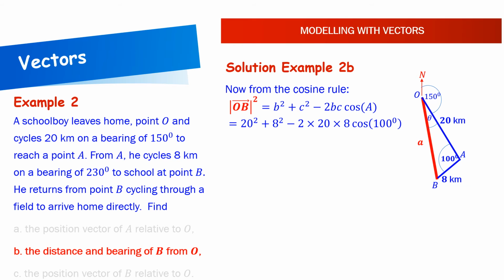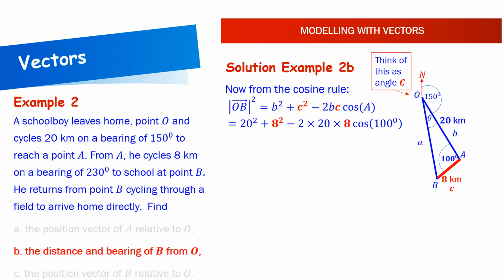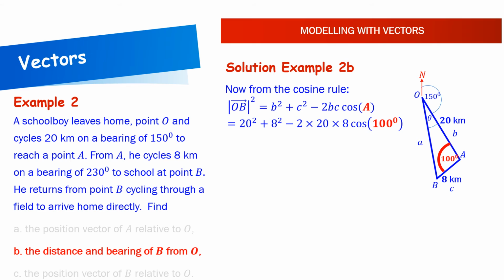Mod OB is a because it's opposite the angle capital A. Little b is the side length opposite angle B and is equal to 20 kilometers, and is plugged into the formula. And now think of the origin, O, as angle capital C. The side length little c is opposite capital C, and that's 8 kilometers. So we plug that into the formula too. The angle A is equal to 100 degrees.